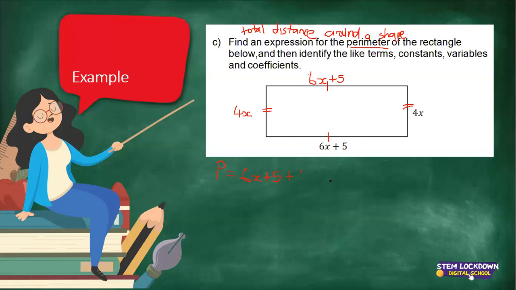Plus this one here, this length, because it's the distance around the shape, 6x plus 5. And lastly, plus this 4x. Yes. I'll give you a minute.